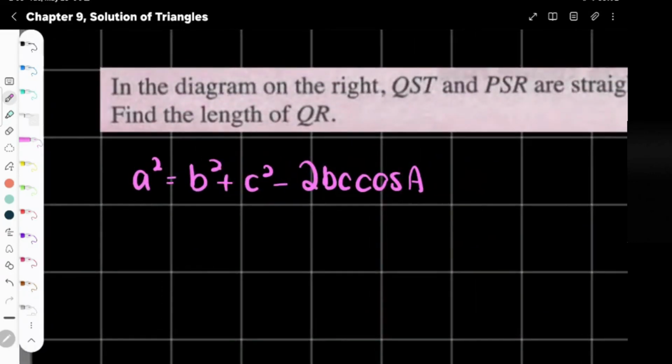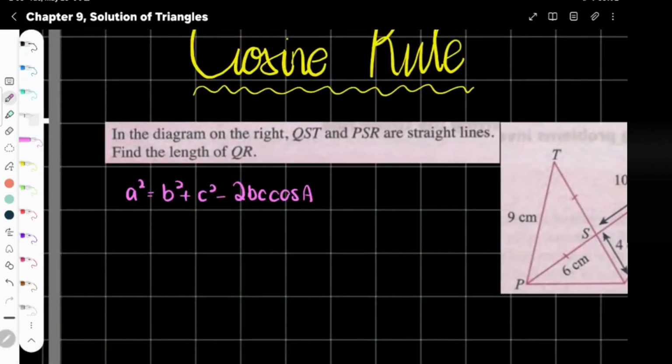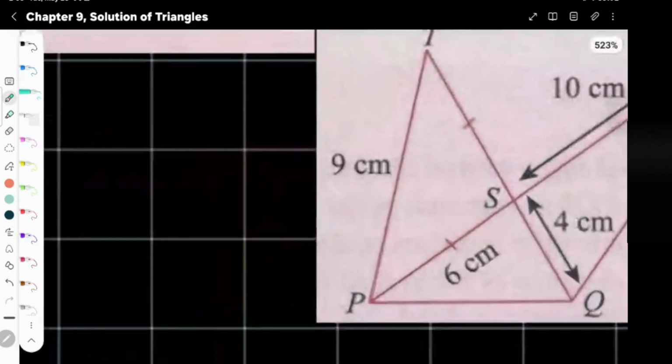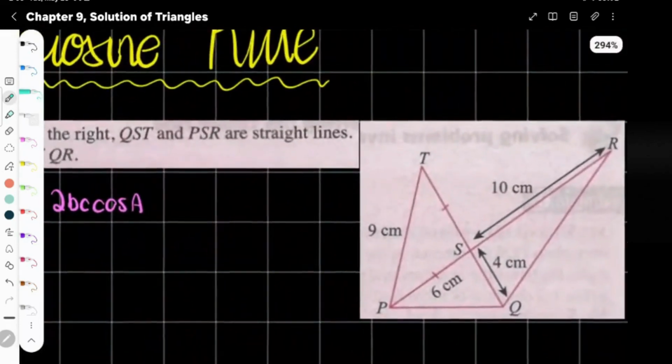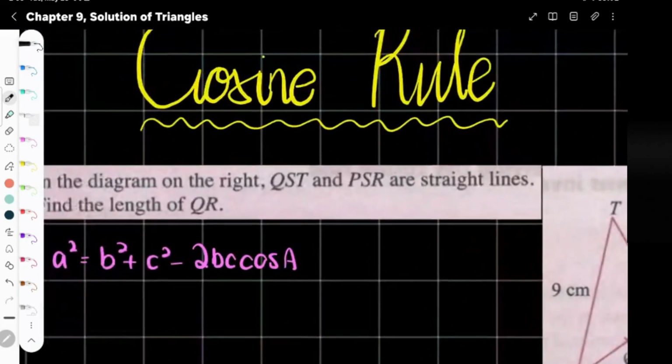First of all, in the diagram on the right, QST and PSR are straight lines. From here already, you can see that there's a straight line. So they said QST, where's QST? QST is this one here. QST and PSR are straight lines. So here's my tip.